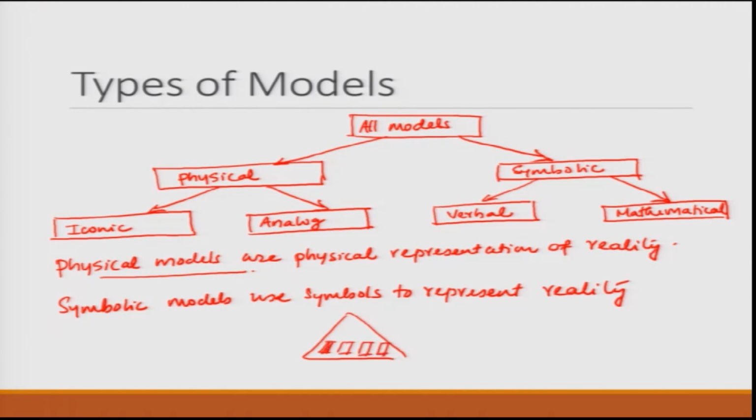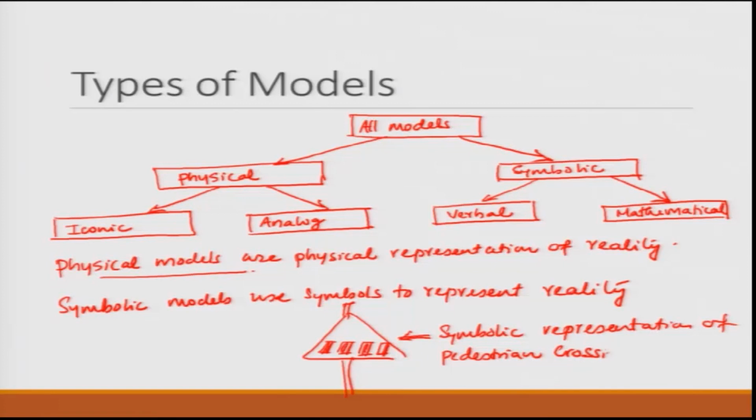If you see a road sign like this, which says, okay, on a post the sign is kept someplace, then that means there is a pedestrian crossing. Okay. It is a symbolic representation of pedestrian crossing, which means ahead someplace there are people who are going to go across the road. Okay. So, that is what a symbolic example is.